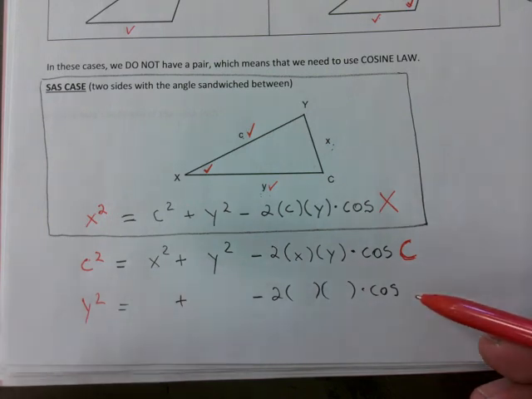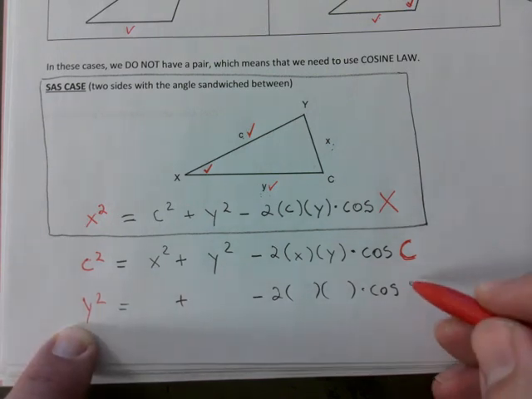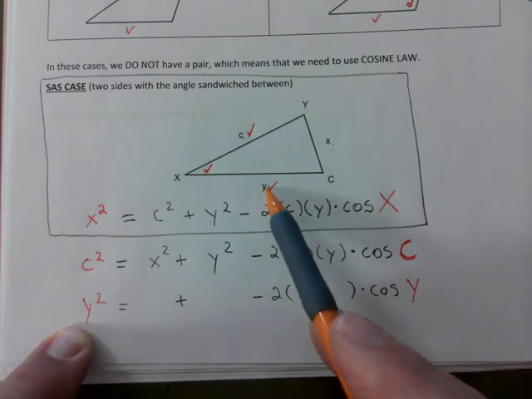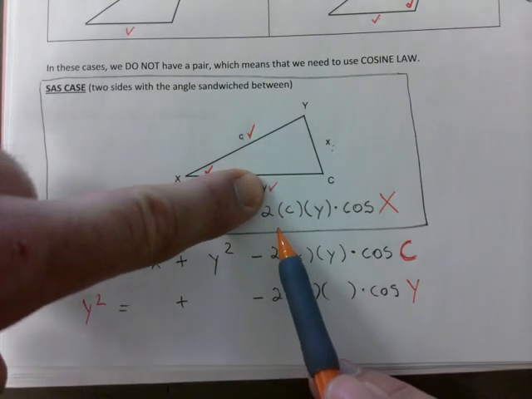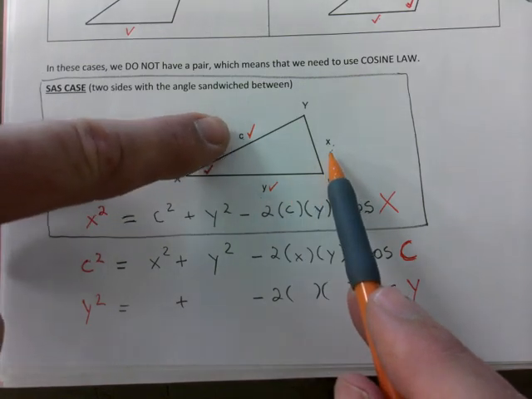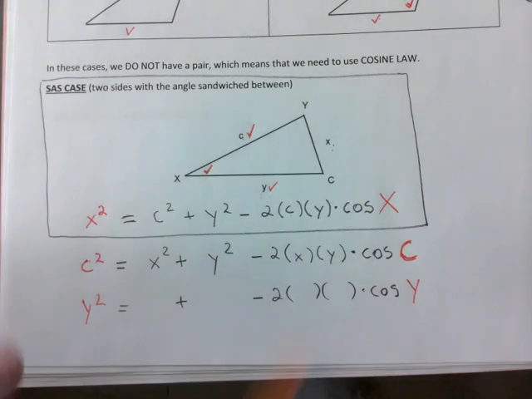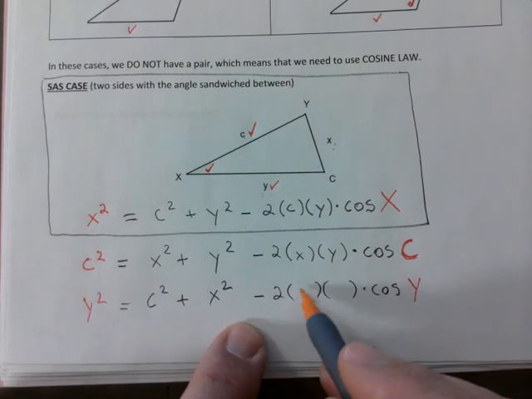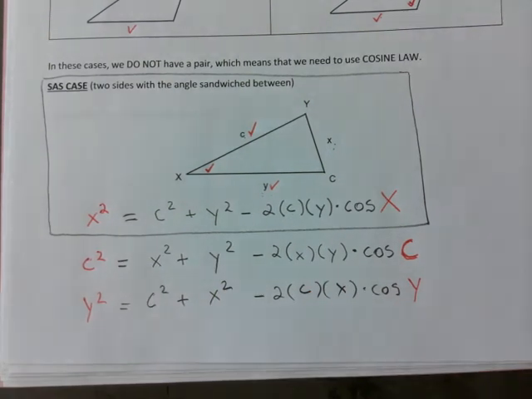Y. The one that's across from this one. That's what that means. Okay. There we go. So if you're trying to solve for Y, which is this side right here, that means that you would know C and X. X and C. It doesn't matter. So C squared, X squared, CX, and there you go. That's the pattern. I don't want you to have all 3 on your study sheet. That's not necessary. I think after the first one, the one that I boxed in, you're good to go. Okay?